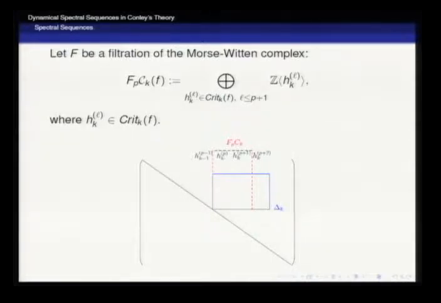There's a shift in index, that's our fault, but it's supposed to be like that. There's a shift by 1, but in any case, F_p C_k starts in column p+1 and covers all the singularities of index k to the left, in the columns to the left. So we can see the filtration actually on the matrix.